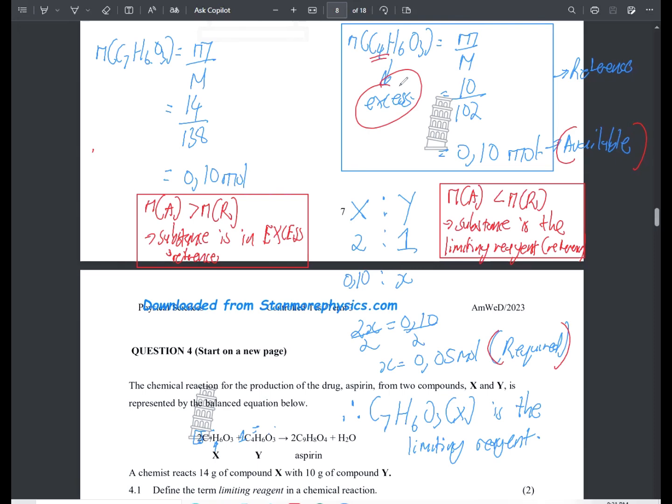They can't both be limiting reagents. They can't both be excess reagents. So if you prove that one is in excess, then the other one is limiting. If you prove that one is limiting, the other one is in excess. That's how it works. Okay, nice one.